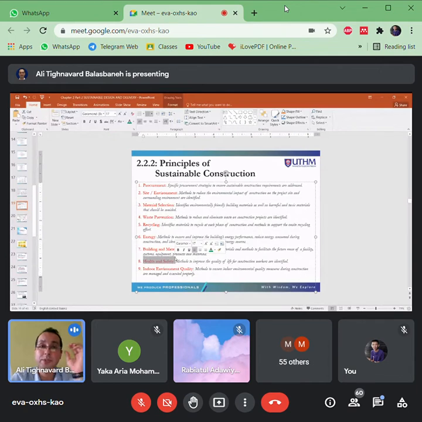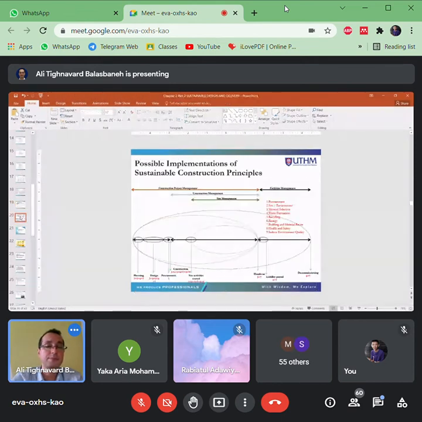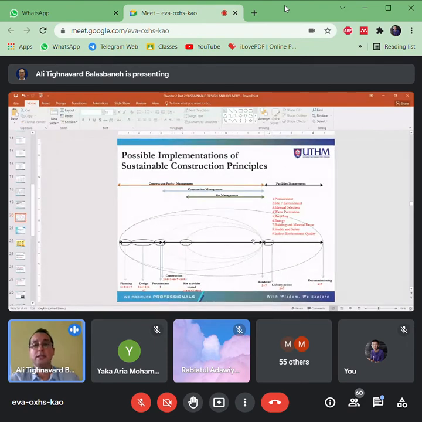We discussed it last week, and we had so many, like 20 different criteria. I asked you to guess which one is environment, which one is cost, or social. So now let's take a look at the figure.